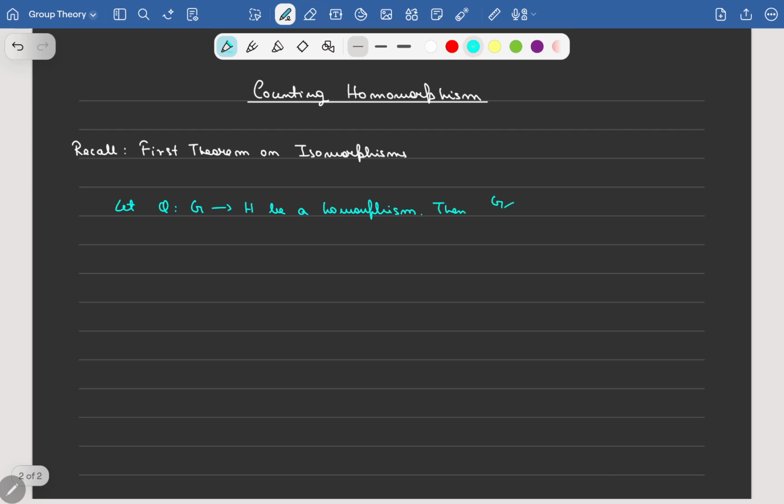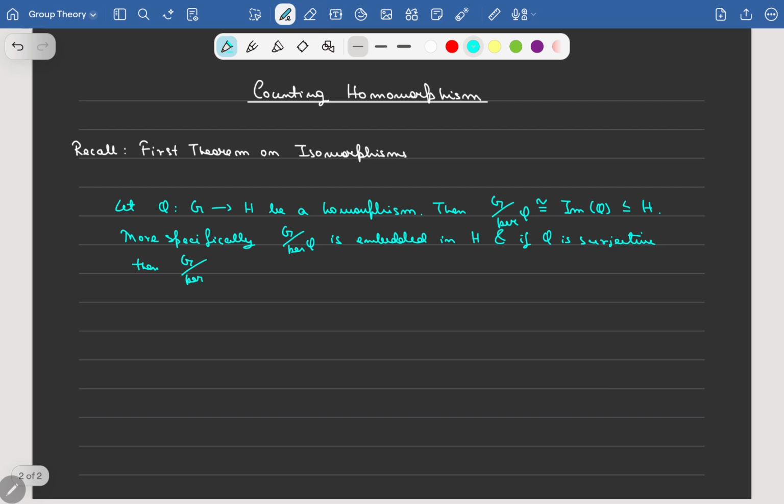Then the quotient group G mod kernel of phi is isomorphic to the image of phi, which is a subgroup of H. More specifically, G mod kernel of phi is embedded in H, that is, it is isomorphic to a subgroup of H. And furthermore, if phi is surjective, then the quotient group G mod kernel of phi will be isomorphic to the whole group H.